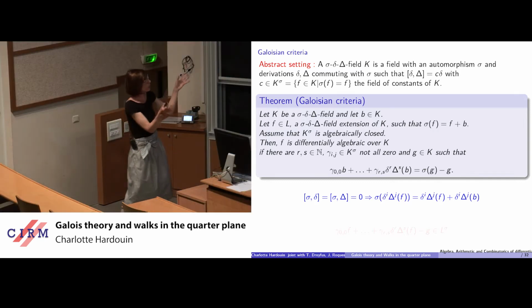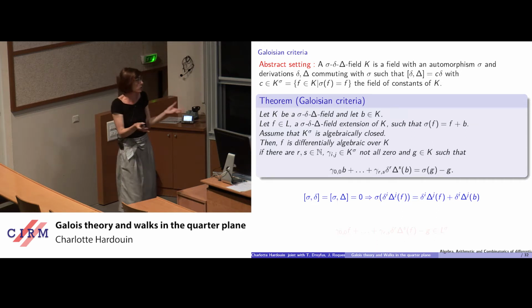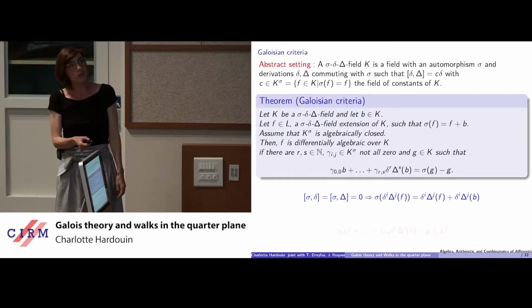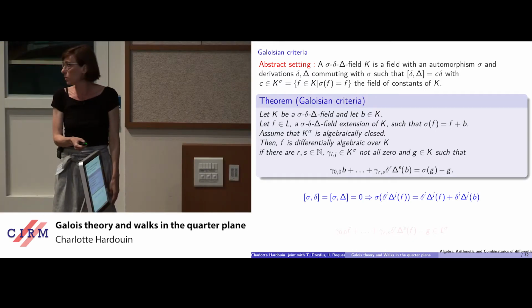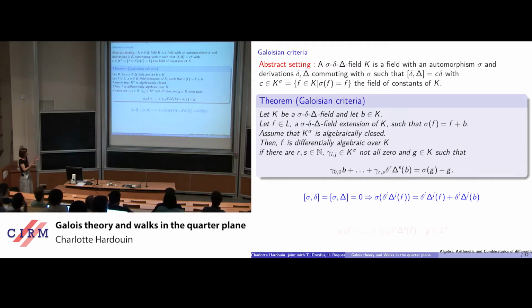So if you have an algebraic relation for your function and its derivative, then it means that you have an algebraic relation between the solutions of all these equations. And when you look at all these equations, the Galois group is a vector group. It's a subgroup of the vector group, and you know that the algebraic subgroups of a vector group are vector spaces. And that's why morally you get a linear condition on the coefficients.